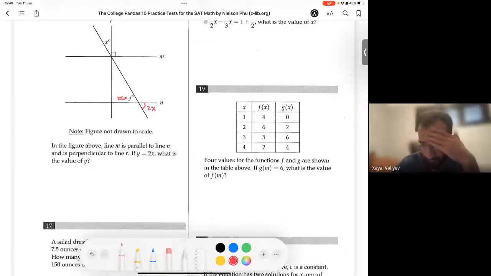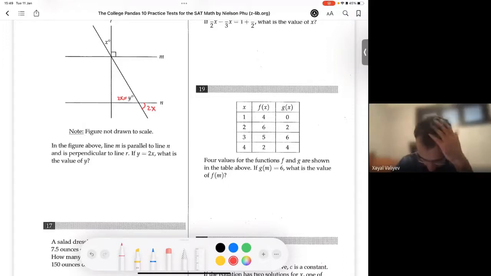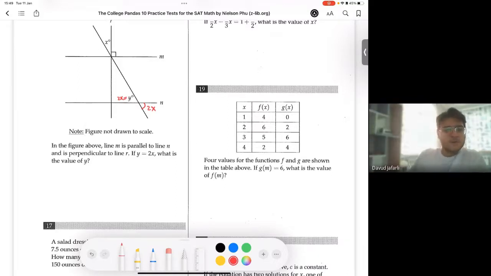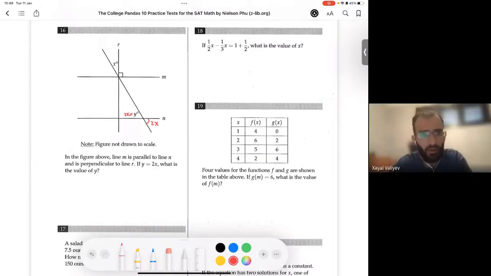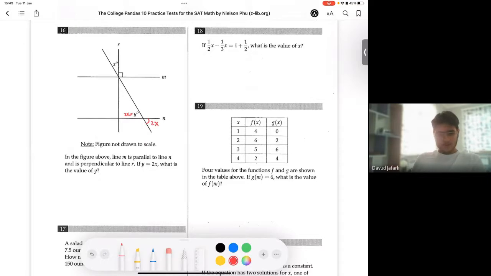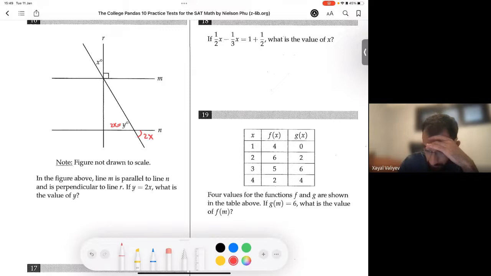I think we have a very easy method to do that. Actually, we have more than two methods.